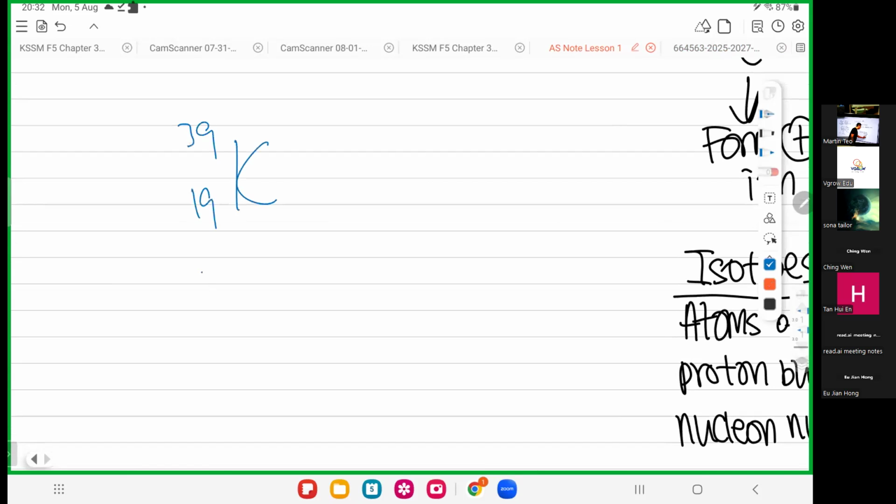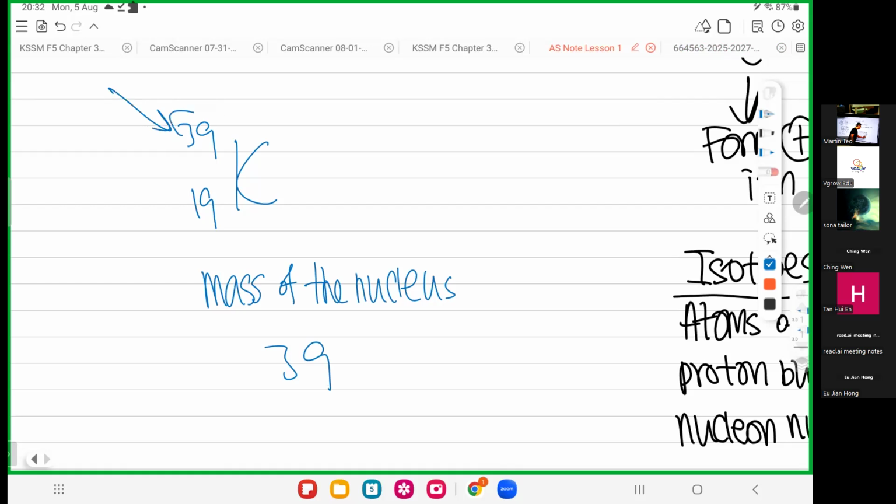If they ask what is the mass of the nucleus, you can simply write 39. Because this big number is the nucleon number, equivalent to the mass number. All the mass comes from proton and neutron added together. So the mass is 39, directly like that. As simple as that.